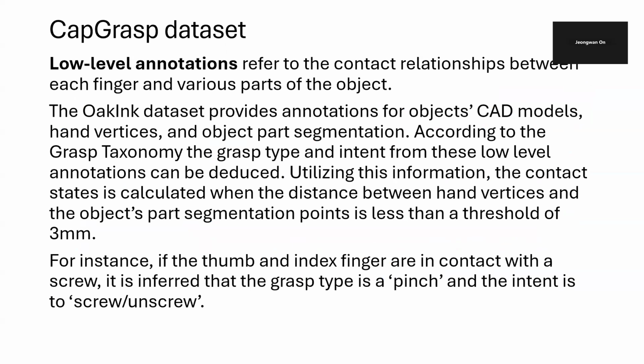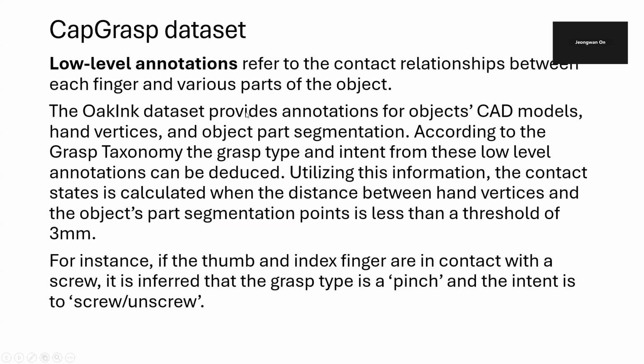Now, a problem they faced is that for their task, there is no similar dataset that has language annotation at high level and low level. So they had to make their own dataset.